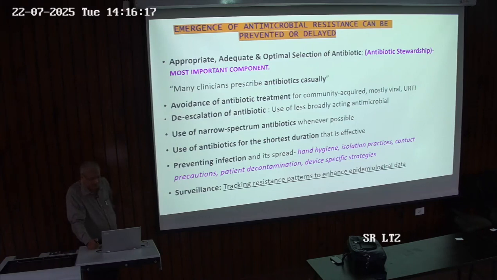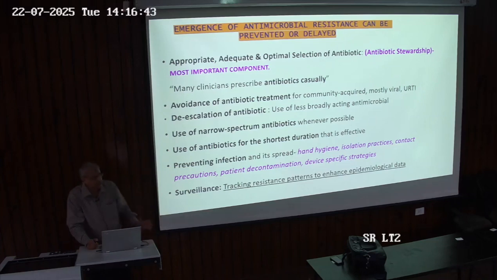Narrow spectrum antibiotics should be used whenever possible. Antibiotics should be given for the shortest possible duration. There was a study comparing 7 days of antibiotic use with 14 days. In a large meta-analysis, it was revealed that in UTI and bacteremia, giving antibiotics for 7 days is as good as using antibiotics for 14 days.